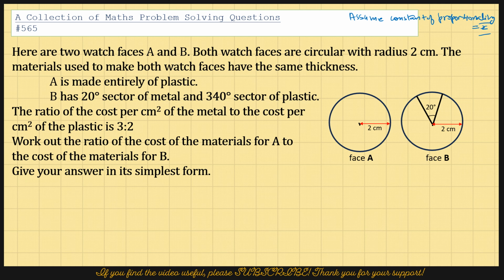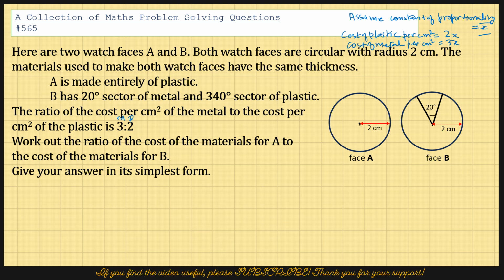If that's the case, then the cost of plastic per centimeter square would be 2x, because it's metal to plastic, so 3x for metal and 2x for plastic. The cost of metal per centimeter square would be 3x.